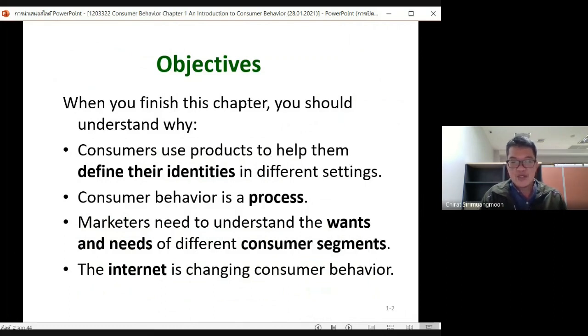Then it is your job to understand the difference between wants and needs. Sometimes a consumer wants something, but sometimes a consumer needs something. If they need something, that means they must have it, so they are willing to buy your product. But for wants, they have more choice.